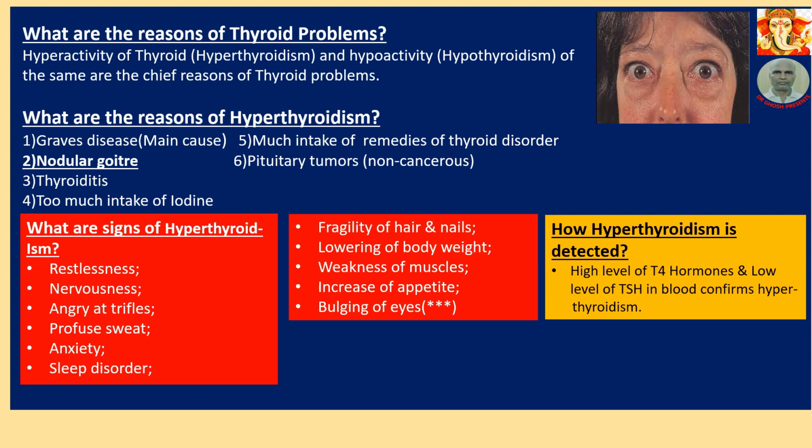Now, what are the signs of hyperthyroidism? Restlessness, nervousness, anger at trifles, profuse sweat, anxiety, sleep disorder, fragility of hair and nails, lowering of body weight, weakness of muscles, increased appetite, bulging of eyes. Look at the top right hand picture. This is the hyperthyroidism telltale symptom.